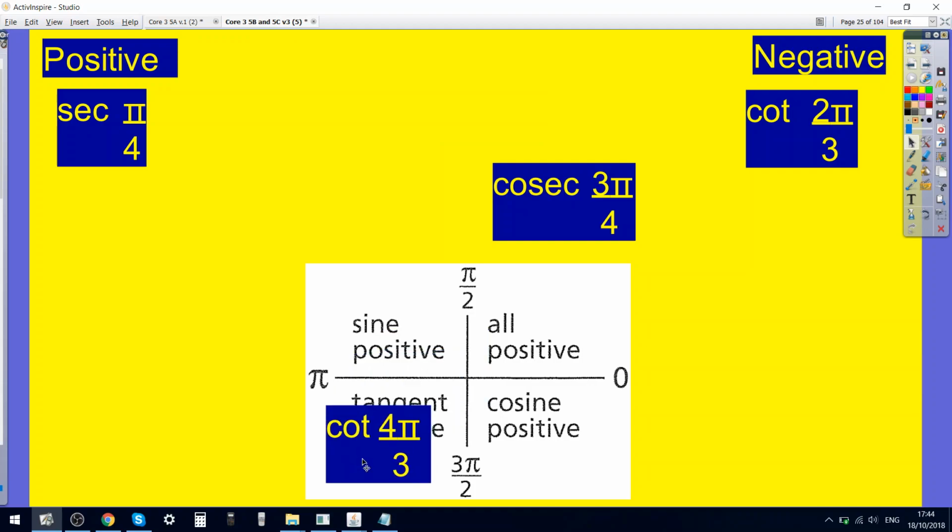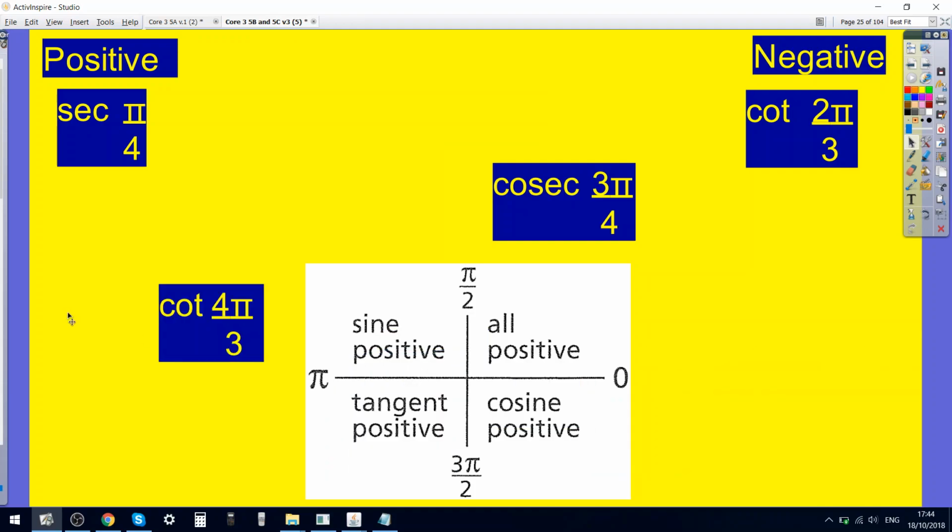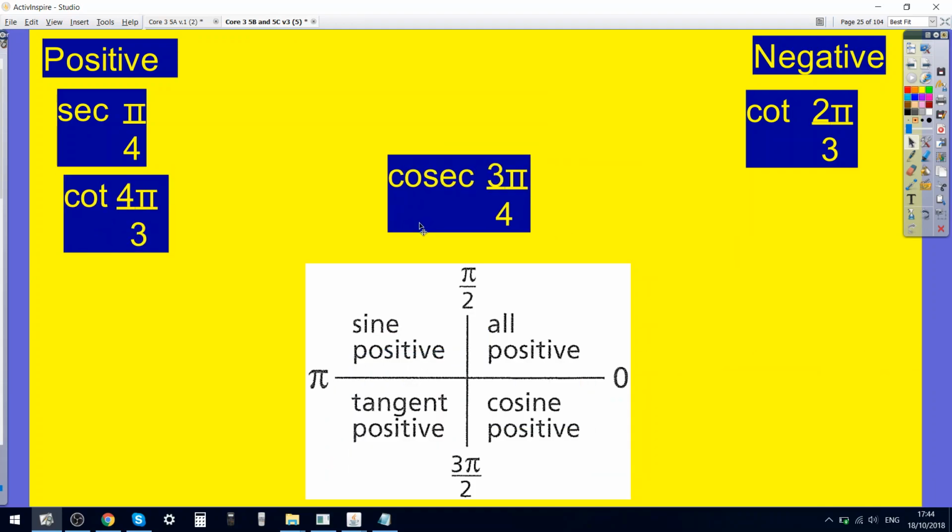Tan positive, so it's positive. 3/4 is cosine positive. 3/2 is 1.5.